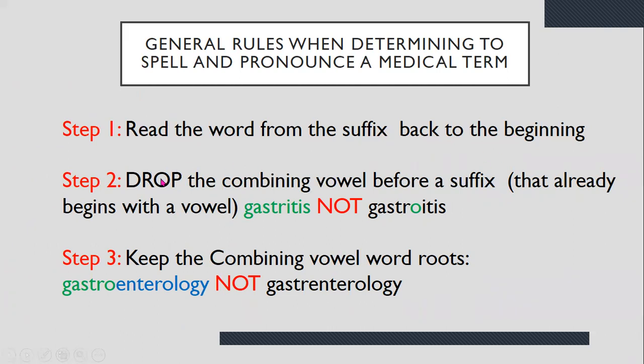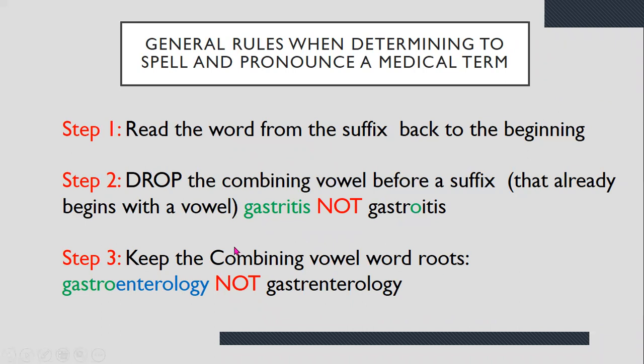Step 2, drop the vowel before a suffix that already begins with a vowel. So for example, if it's gastritis, you would not say gastroitis. You would take this vowel off because the suffix already starts with a vowel. We don't usually like two vowels together.